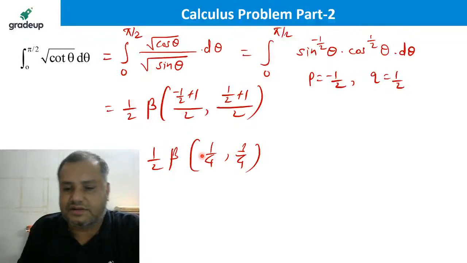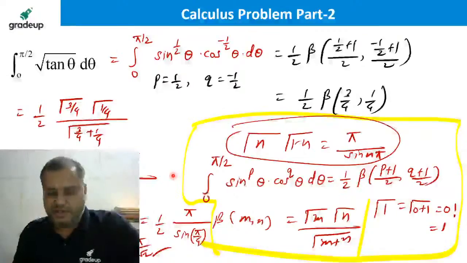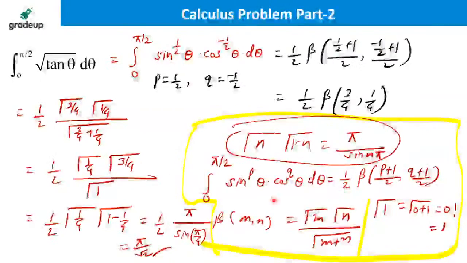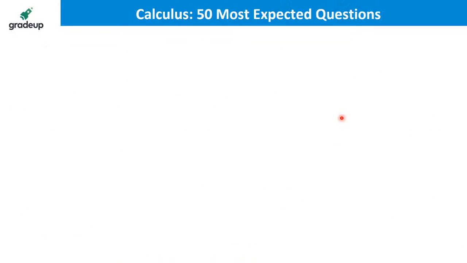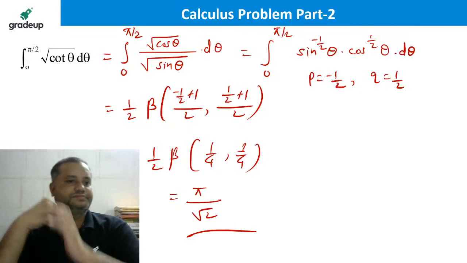And we got the same answer in the previous question also. This was the step, 1 by 2 beta function of 3 by 4 comma 1 by 4. So the answer will be the same, pi by root 2. There will be no difference. The procedure is the same. Pi by root 2 will be the answer.